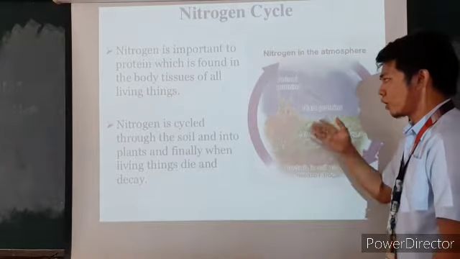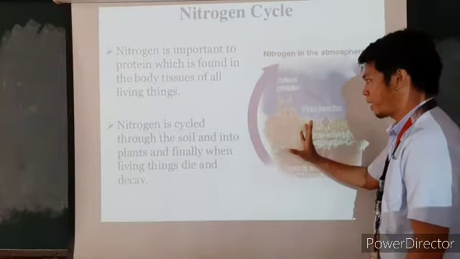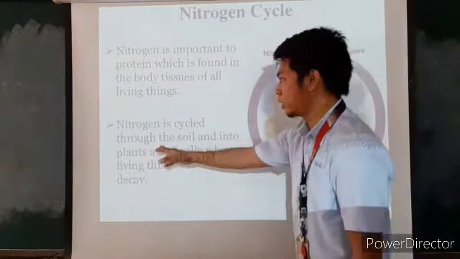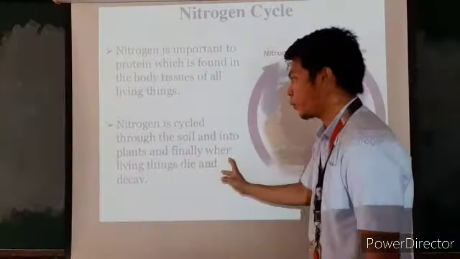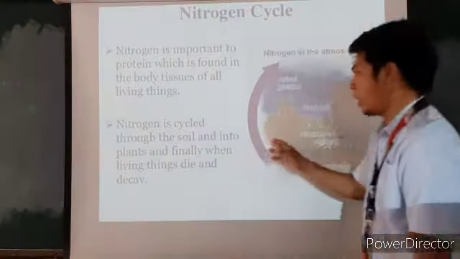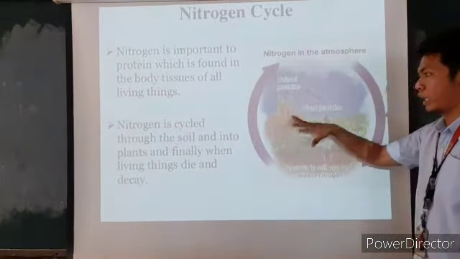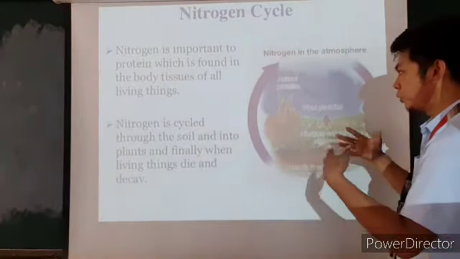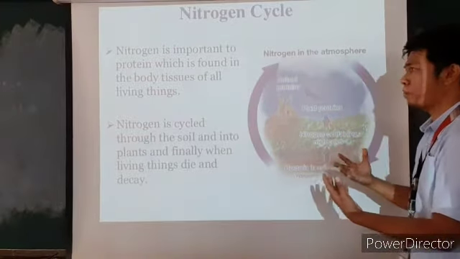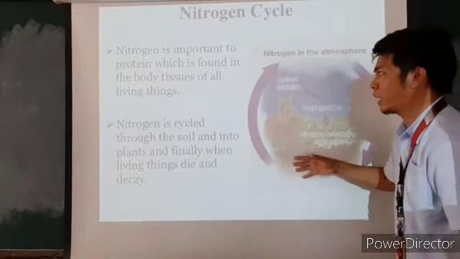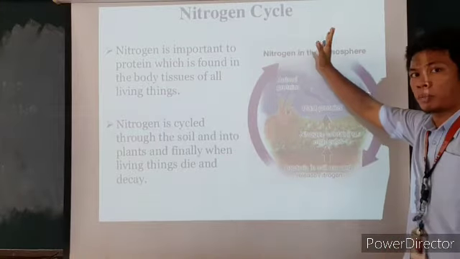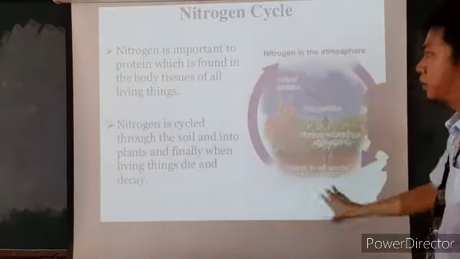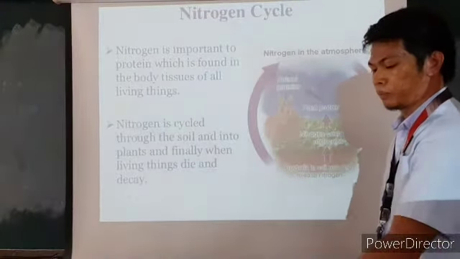And then once those animals die, nitrogen is cycled through the soil and into plants, and finally, when living things die and decay, yung nitrogen present sa human na yan is will go up na naman, pupunta naman sa taas, and then cycled. Same cycle ang nangyayari.